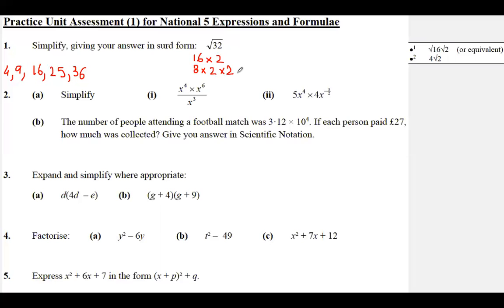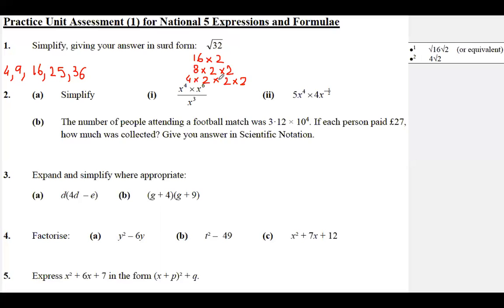So if you would do something like this, you can say, okay, 8 times 2 times 2, but you've got root of, so 8 becomes now your 4 times 2 again. Can you see it? 8, you can replace that by 4 times 2 if you wanted to. That would be root 4 times root 2. Now you get 2 times 2, which is 4, like 2 squared and another 2 squared.